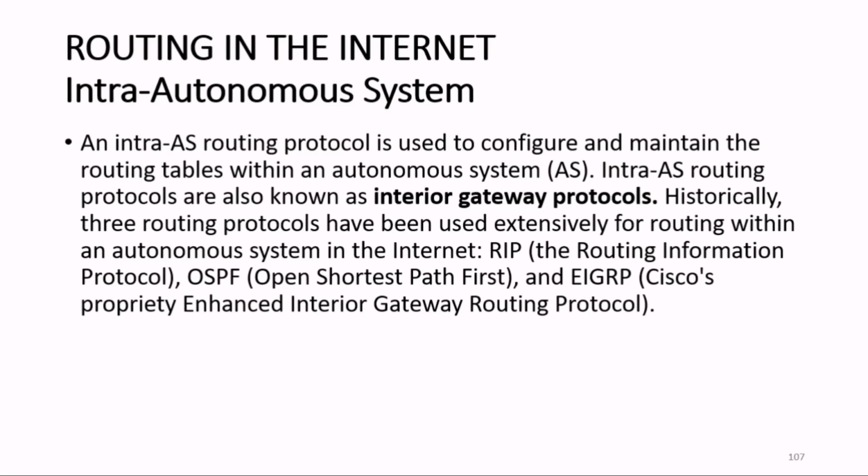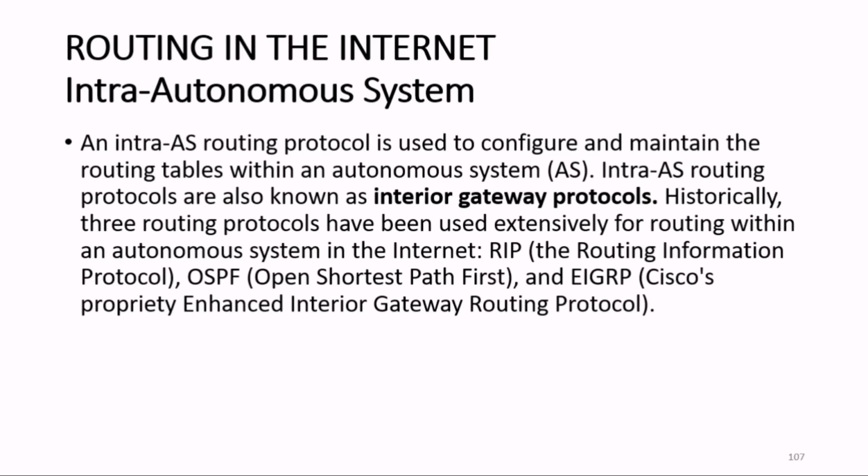So let's look into routing in the internet, which is intra-autonomous system routing. An intra-AS routing protocol is used to configure and maintain the routing table within an autonomous system. An autonomous system, for example, is the UTM network. Intra-AS routing protocols are also known as interior gateway protocols.